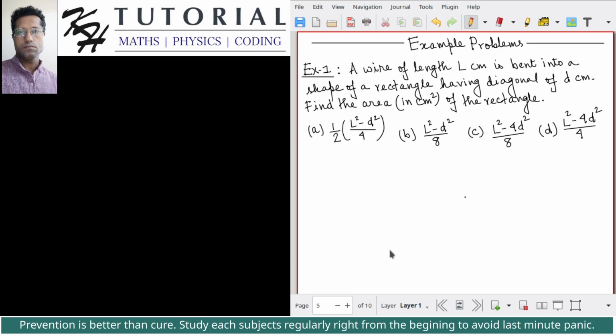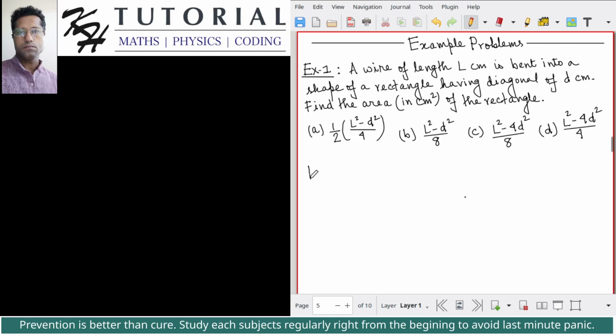So the first problem says that a wire of length L centimeter is bent into a shape of a rectangle having diagonal of d centimeter. Find the area in centimeter square of the rectangle. So there was a wire of length L centimeter which was bent into a shape of a rectangle having diagonal of d centimeter. So clearly we must understand that the perimeter of the rectangle will be equal to the length of the wire.